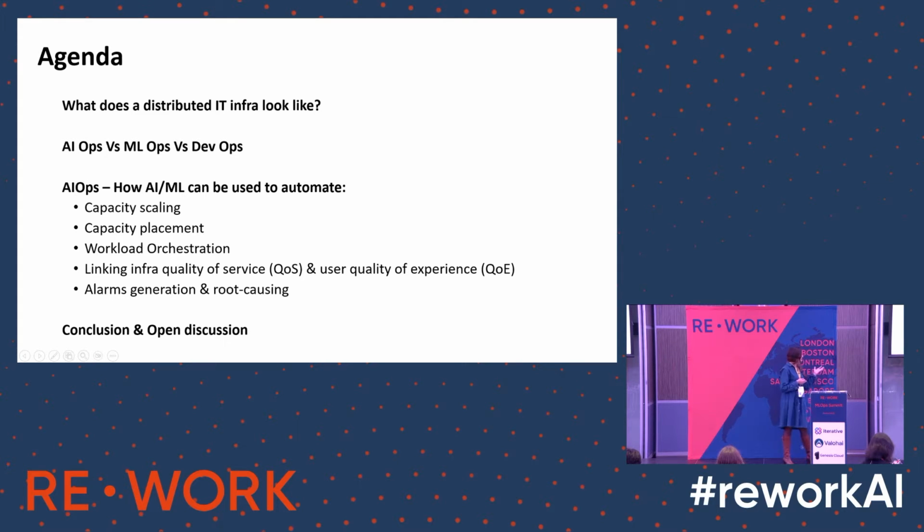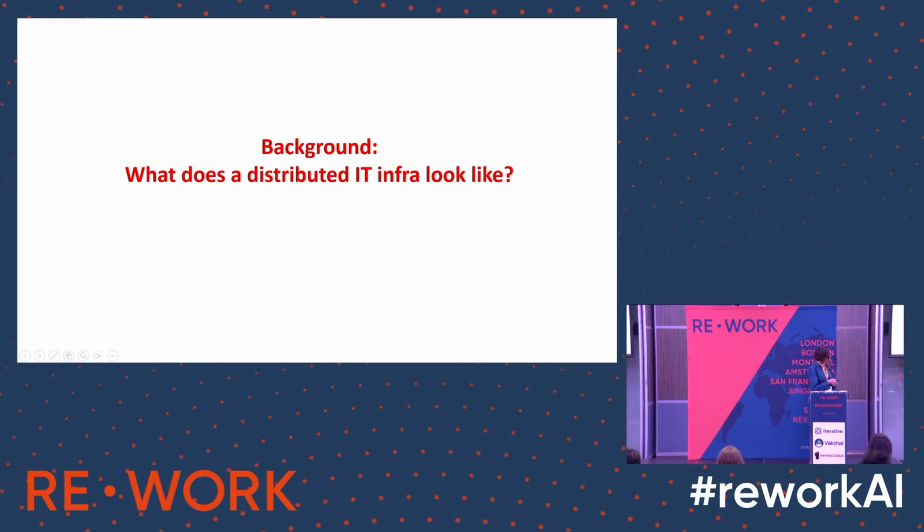For instance, how do we use AI and ML to do capacity scaling, to decide on capacity placement, to do workload orchestration, to create correlation and causation between quality of service and quality of experience, and finally to generate simple alarms and do root causing. And at the end, I will leave some time for questions.